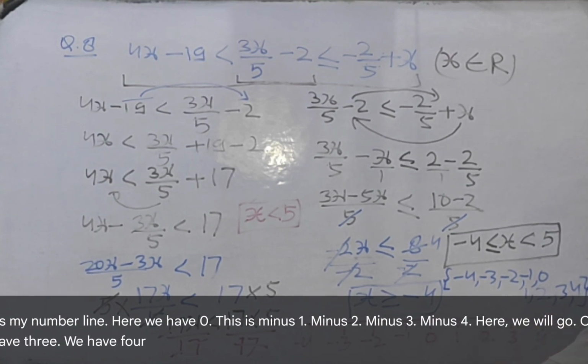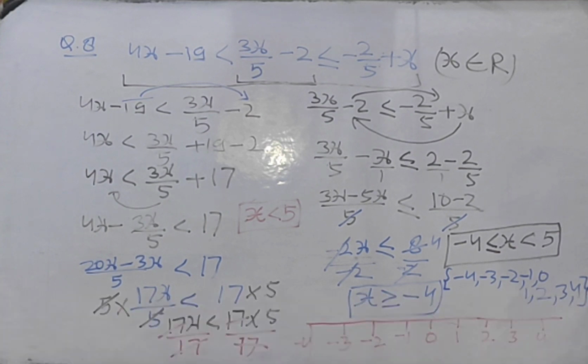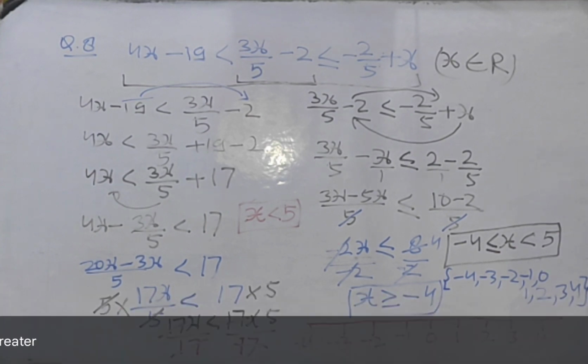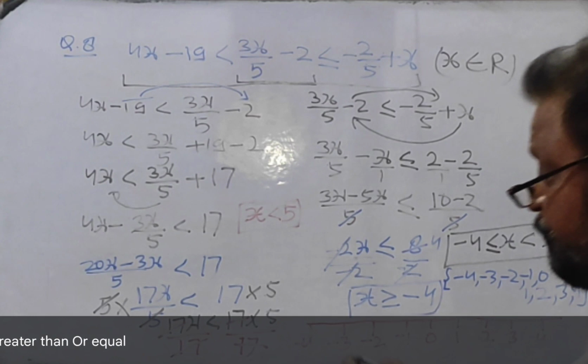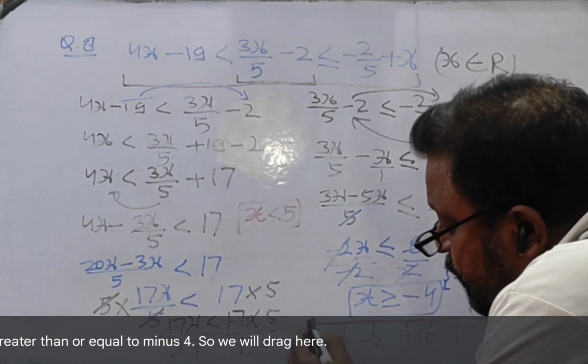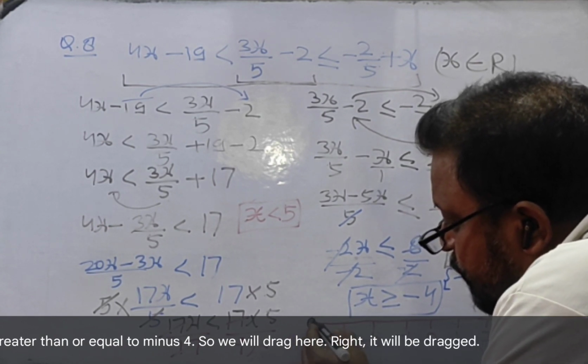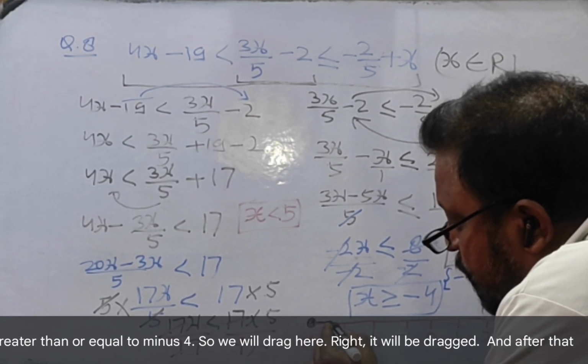Fine. So what you will do is very interesting. X is greater than or equal to -4, so we will drag here, right? It will be dragged, and after that the line will start from here.